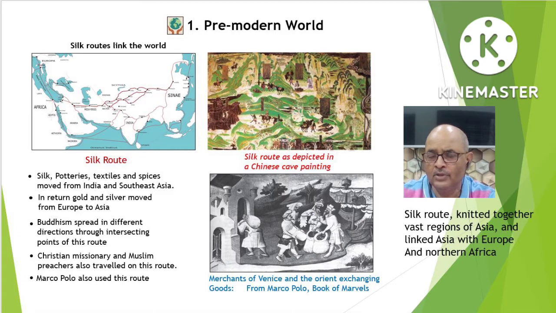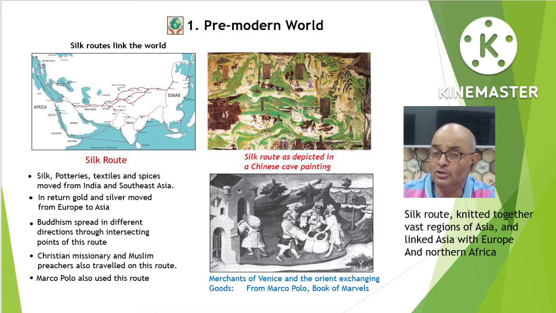Dear students, Chinese silk was in great demand during the ancient period because of its fine quality. It became a fashion, especially among the royalty and the upper classes in many countries, to wear clothes made of this expensive material. So the route along which Chinese silk was transported to the Mediterranean region became famous as the Silk Route.